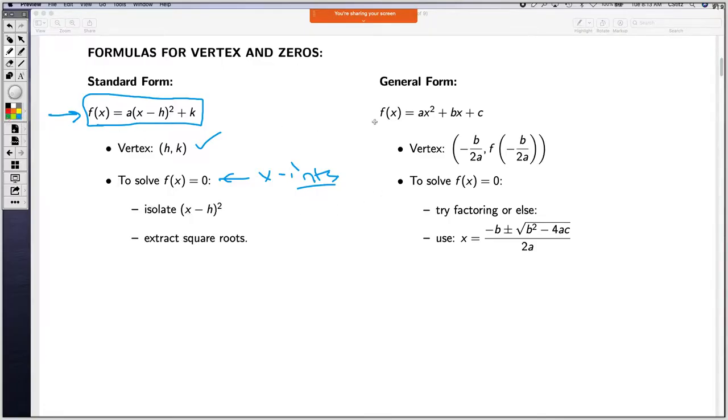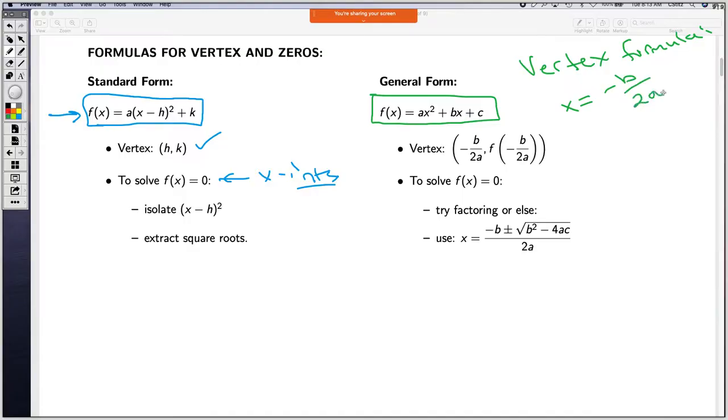If, on the other hand, your quadratic is given to you in the general form, then we have the vertex formula, which you may remember. The vertex formula gives you the x value of the vertex. It's the opposite of b over 2a. To get the y value, how do we always get the y value on the graph of a function?